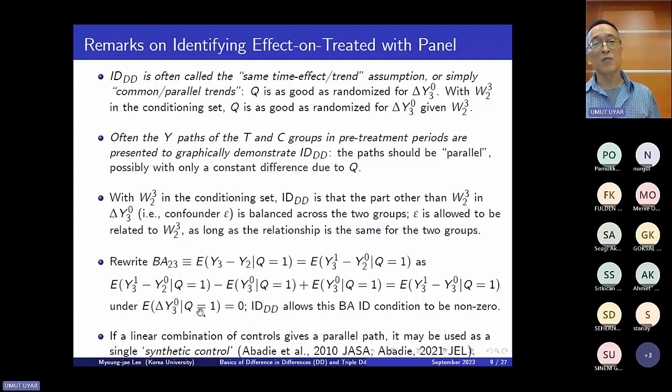In DD, this can be non-zero as long as this is the same as this, whatever this number may be, as long as that is the same number for the control group, then DD can identify this effect. So in that sense, DD generalizes BA.